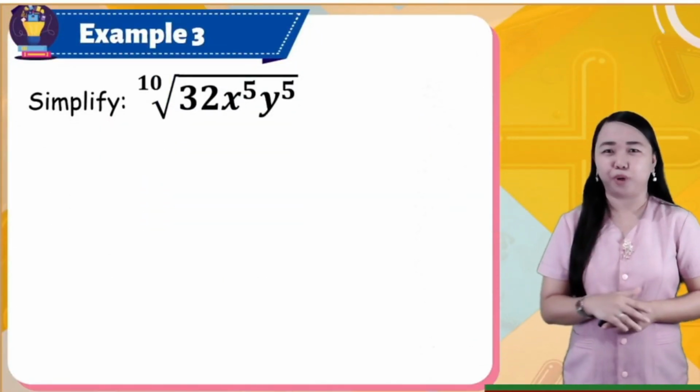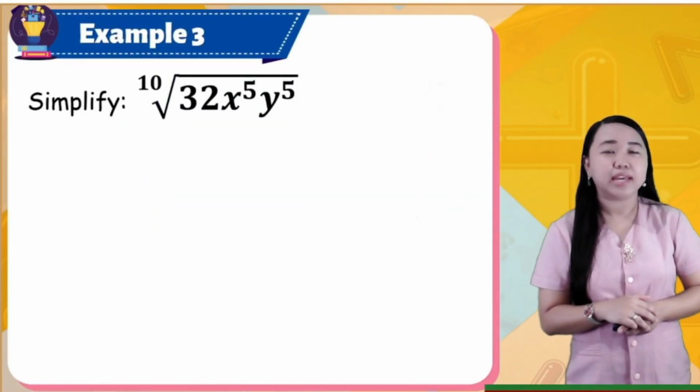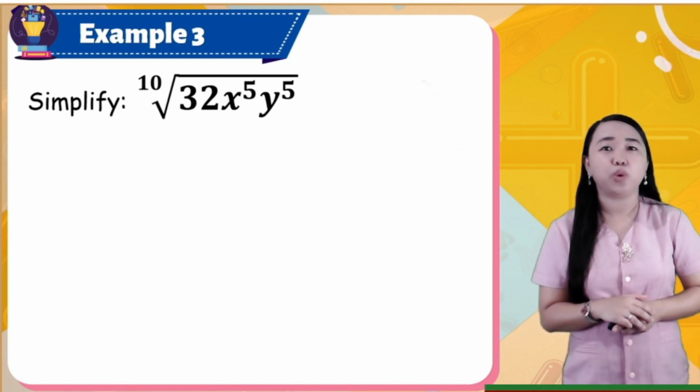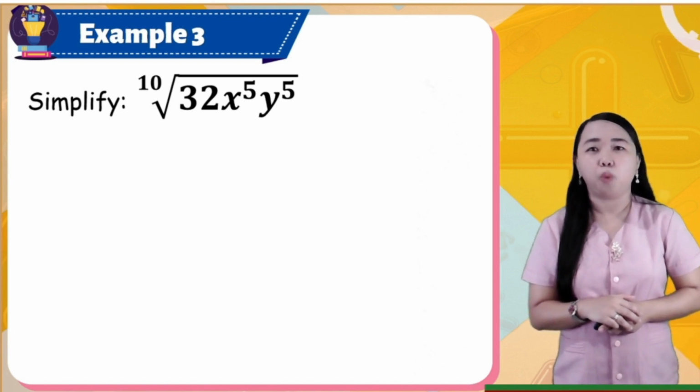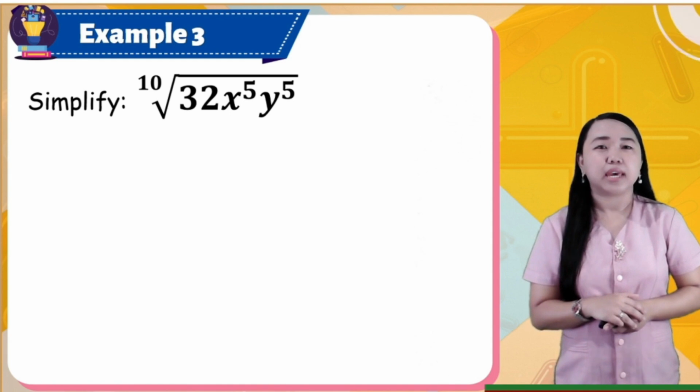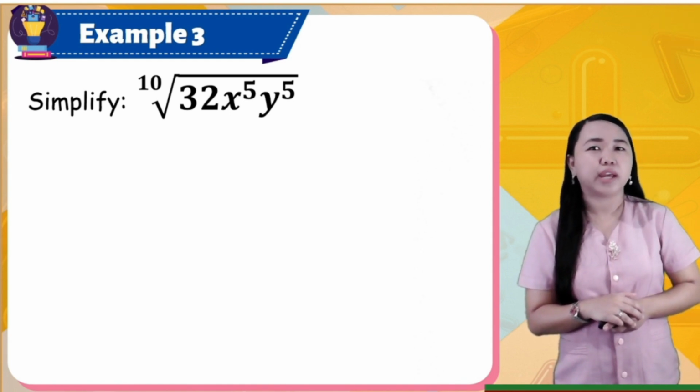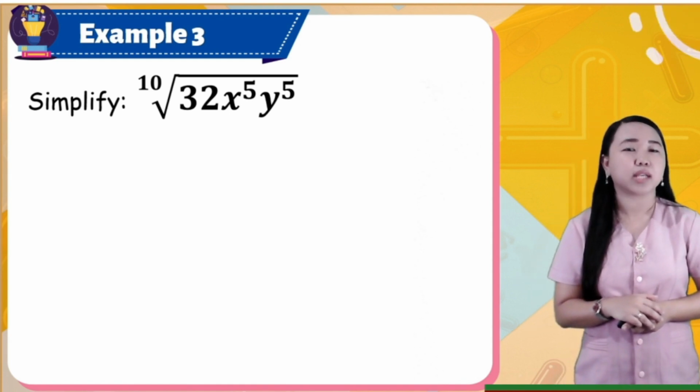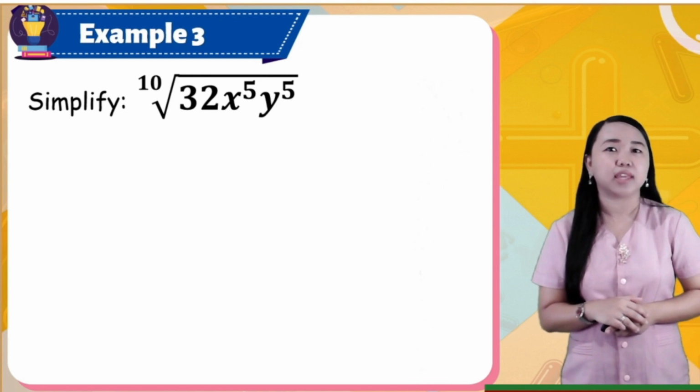Third example. Simplify 10th root of 32x raised to 5 y raised to 5. In this expression, there is a common factor between the exponents of the radicand and the index.